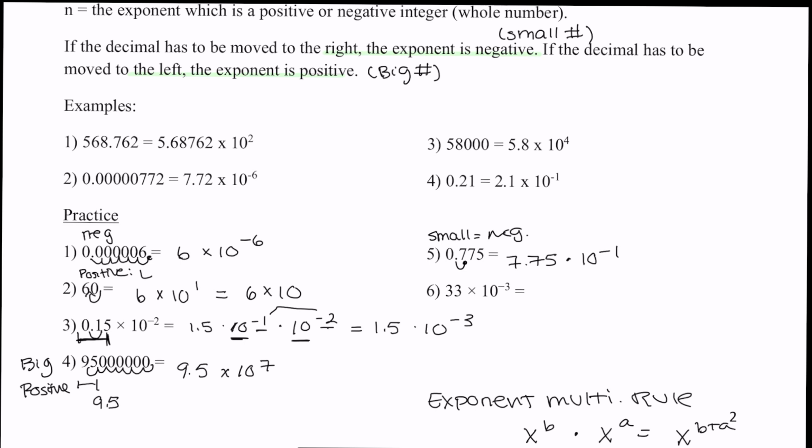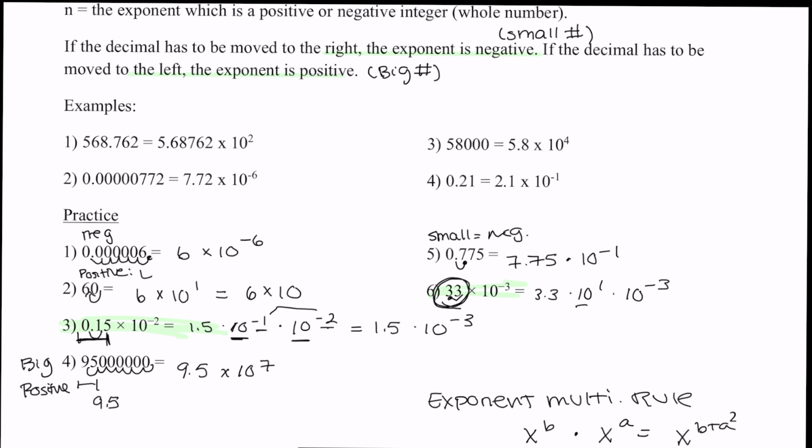Now here, this is number 6. It is very similar to number 3. So first, let's convert this into scientific notation. Since it's a big number, that means I move it to the left, making a dot right there, leaving us with 3.3 times 10 to the first power, times 10 to the negative third power.